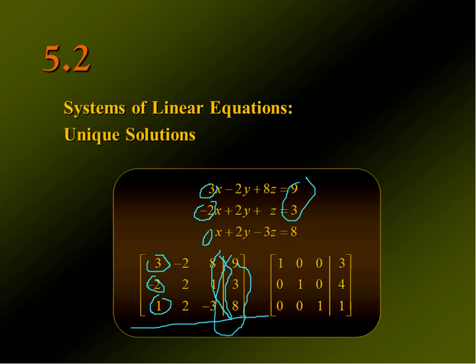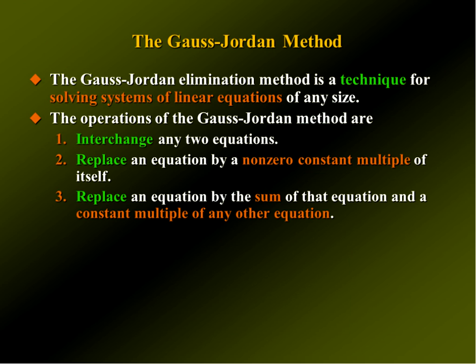So now I will tell you how to solve this type of equations and what the criteria are. Here are some points. The Gauss-Jordan elimination method is a technique for solving a system of linear equations of any size.